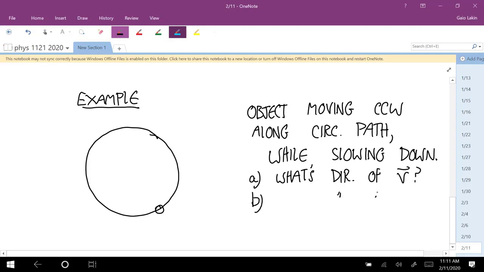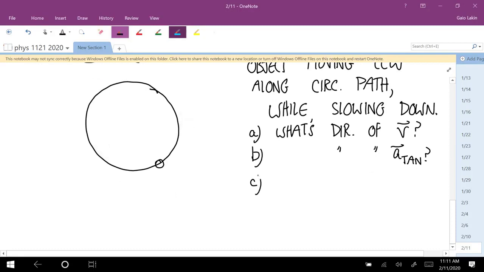What's the direction of the tangential acceleration? What's the direction of the centripetal acceleration?